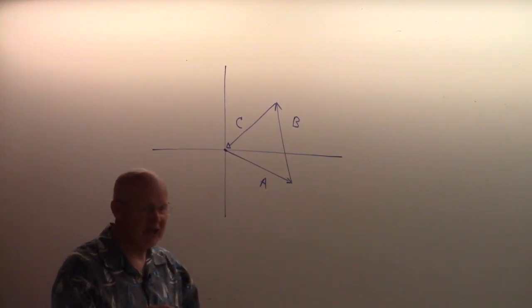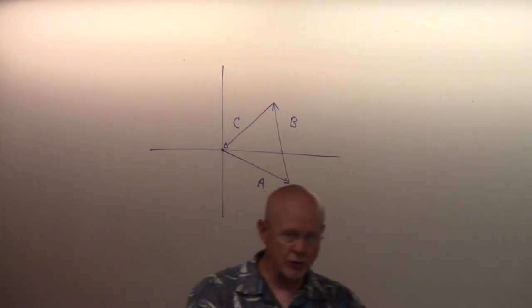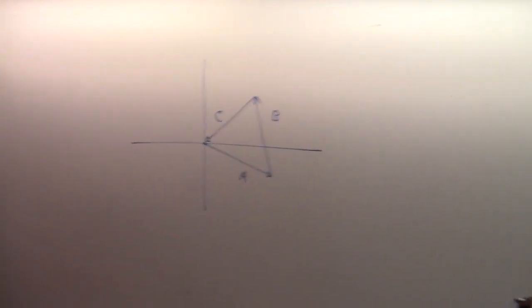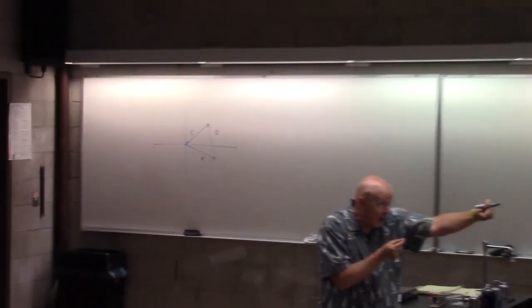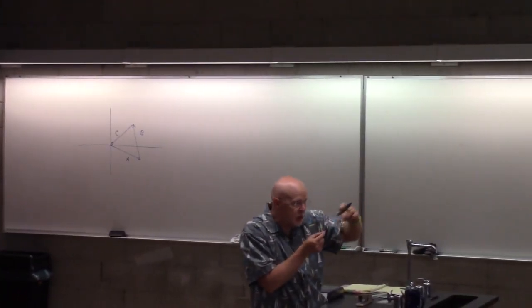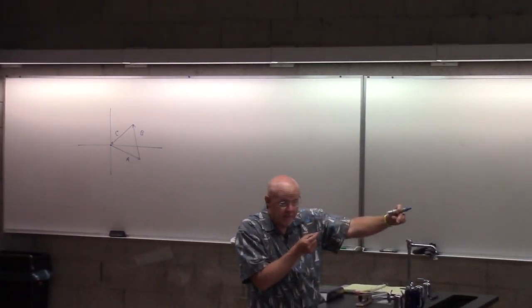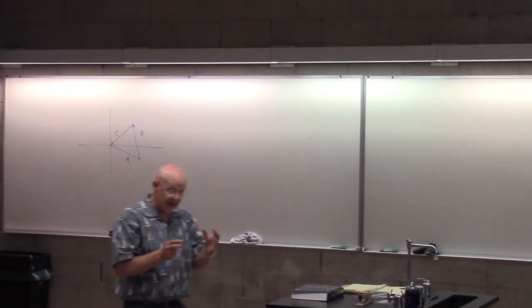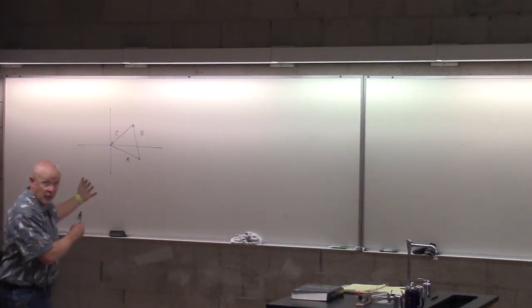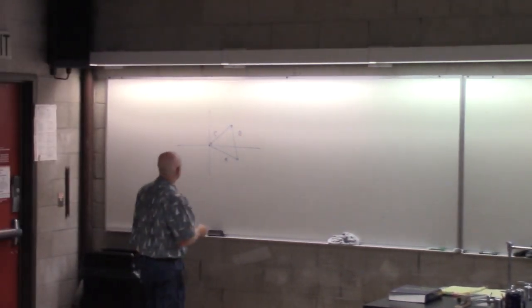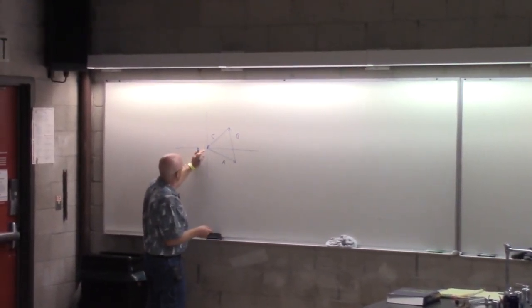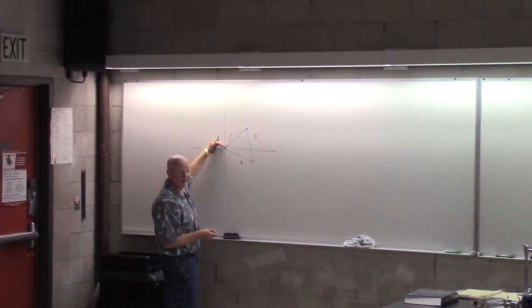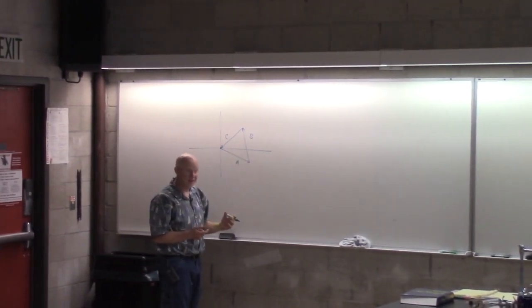Right, and did you see how in my picture I drew from where you started, and as I drew them head to tail, head to tail, head to tail, then I drew it to where it ended? So, in other words, if I draw 3 vectors head to tail, which is what we have here, what is the length from where you begin the first one to where you end the last one? Isn't that 0?